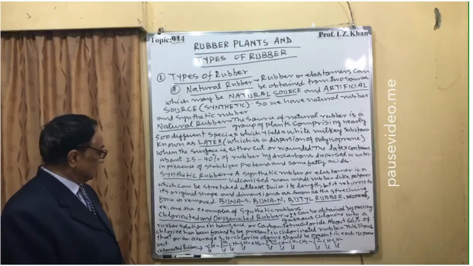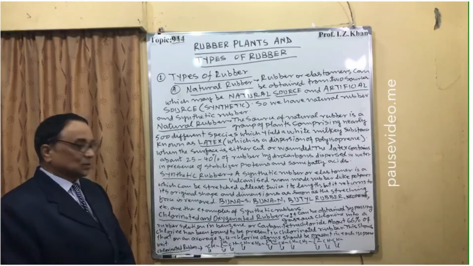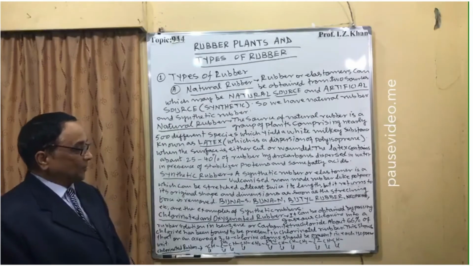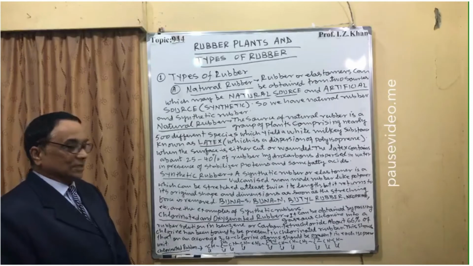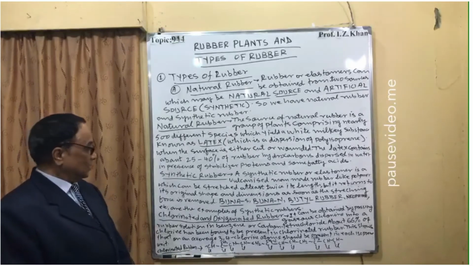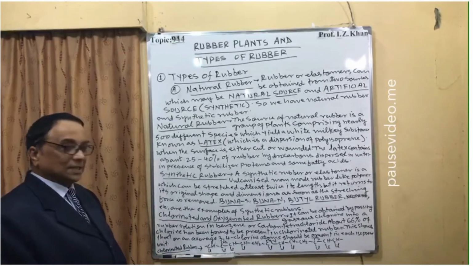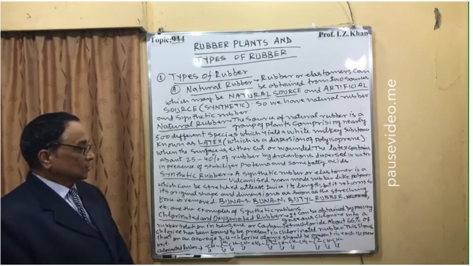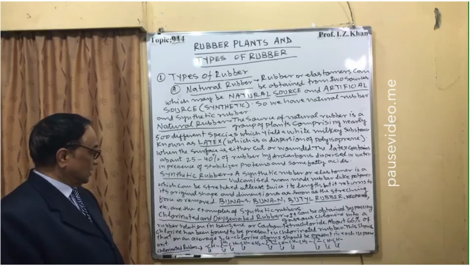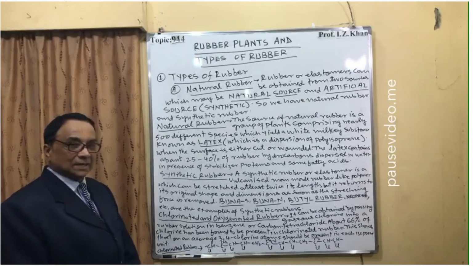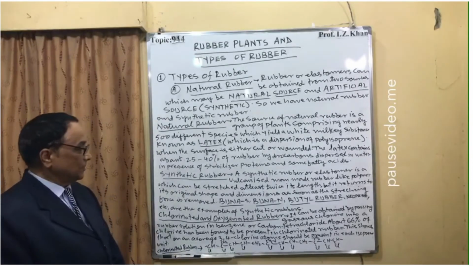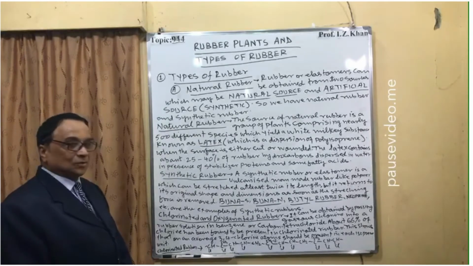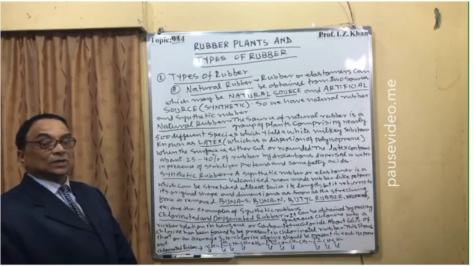Next one is chlorinated rubber and oxygenated rubber. It can be obtained by passing gaseous chlorine into a rubber solution in benzene or carbon tetrachloride. About 66% chlorine has been found to be present in chlorinated rubber, and this shows that on an average 3 to 4 chlorine atoms are added to each isoprene unit.